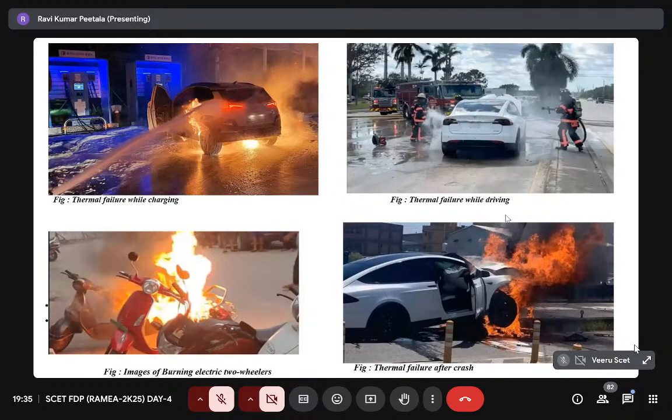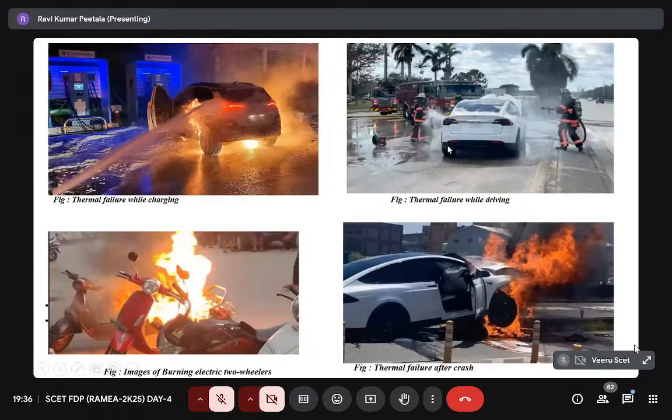Where the failures are occurring, I have shown some figures. The source is some documents from the internet. These are the failures that occur in various conditions. For example, while charging, thermal runaway means burning.